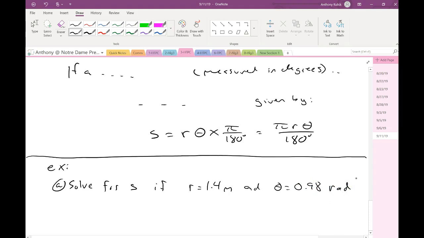So let's say we're asked to solve for S if r is 1.4 meters and theta is 0.98 radians. Which formula should I use, the first one or the second one? The first one, because my measurement is in radians.